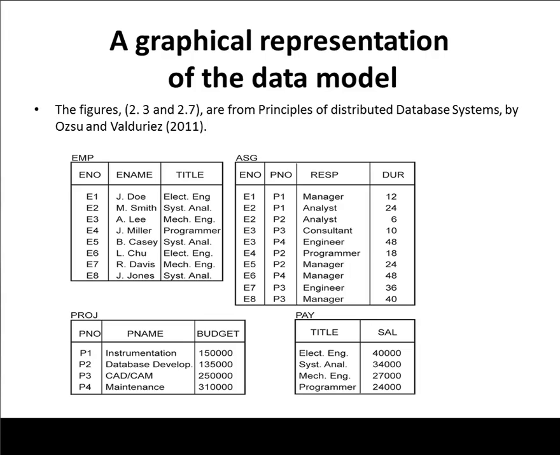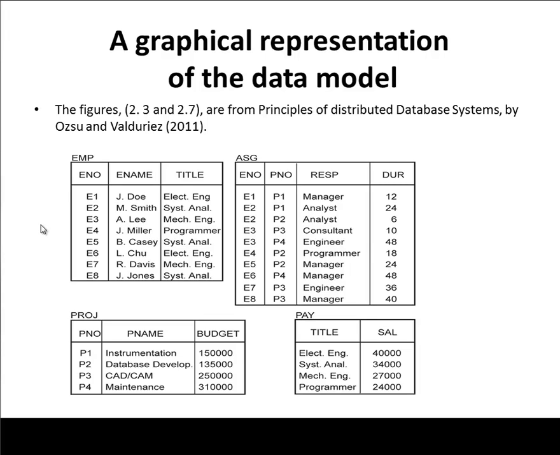So, for example, EMP can be described as a table. This table is sometimes characterized by column headings, also known as attributes, and the instances of the data listed below the column heading. So this is a picture of a data model. This is sometimes called the logical view of the data model.